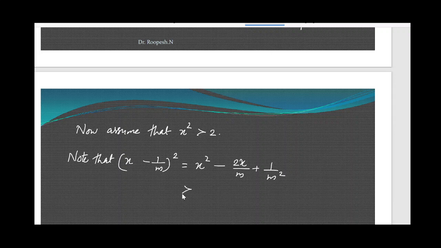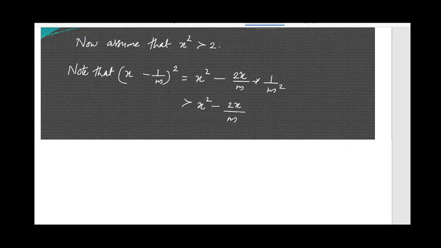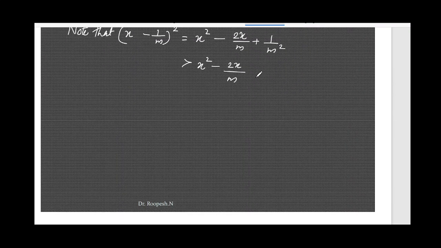Now this quantity is greater than, I can neglect this one, right? So it is greater than x square minus 2x/m. I have neglected a positive quantity.